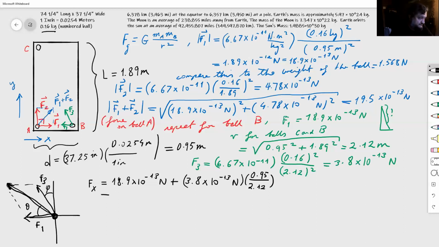So 0.95 divided by 2.12, 0.448, that's sine. So almost less than 30 degrees, times 3.8 times 10 to the negative 13, plus 18.9 times 10 to the negative 13.